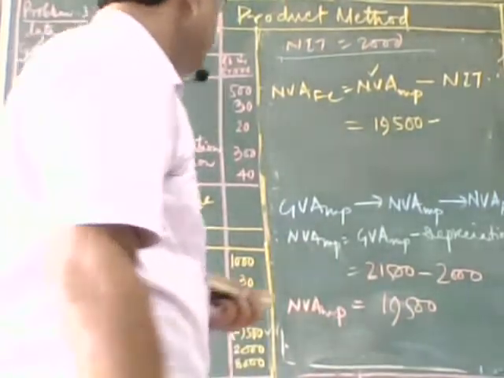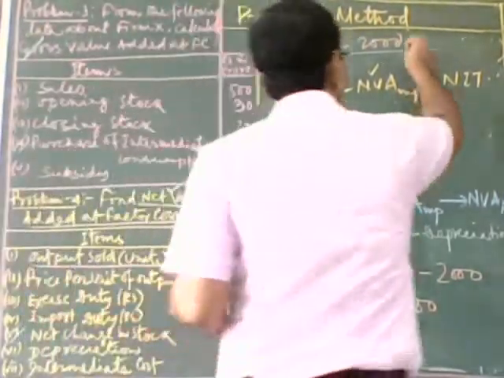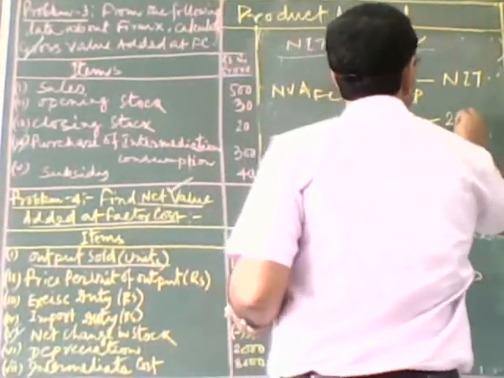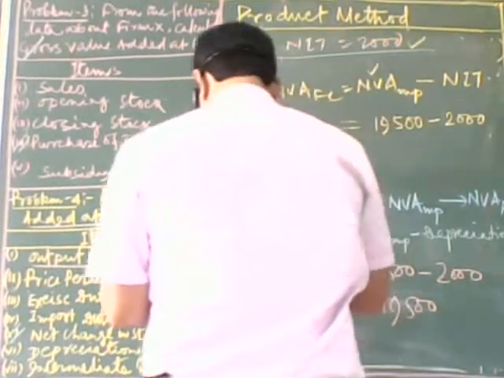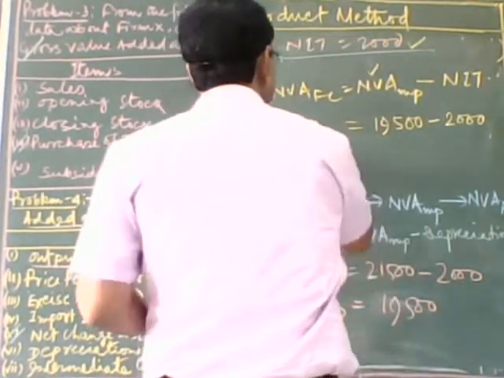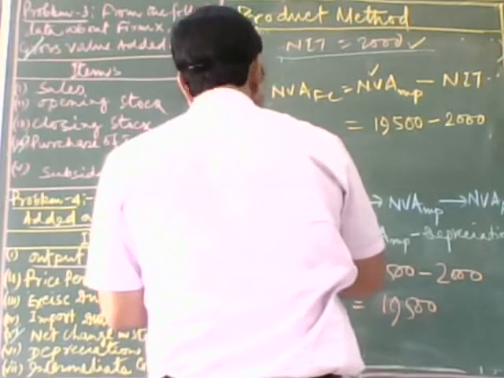NIT, already we have calculated, that value is 2000. You have to put the value 2000.